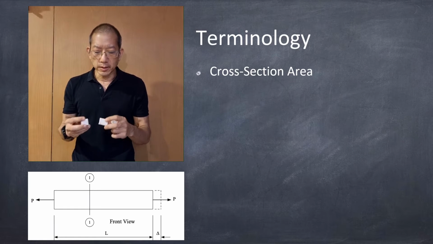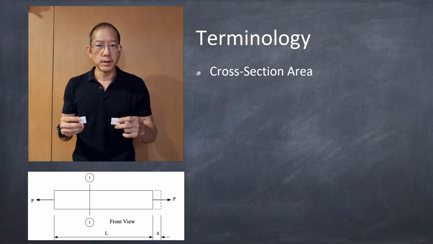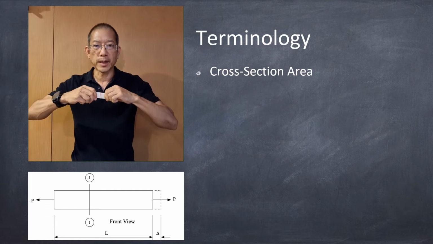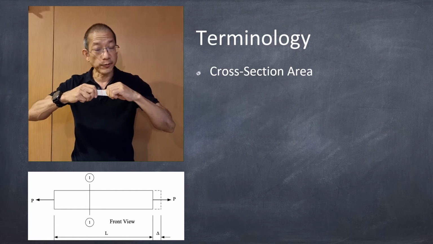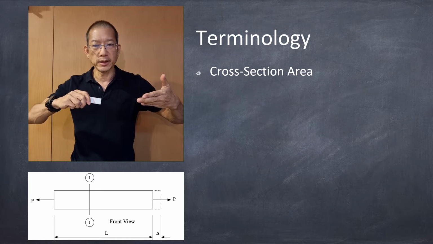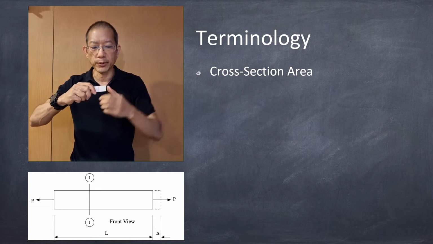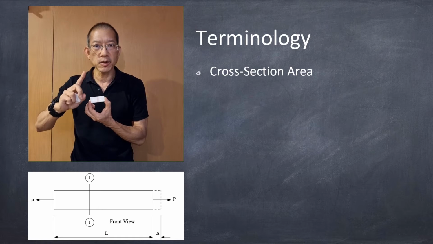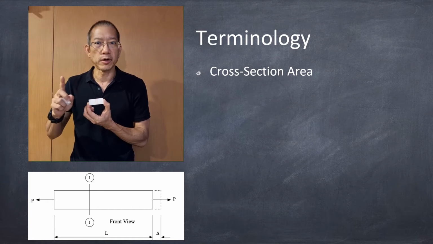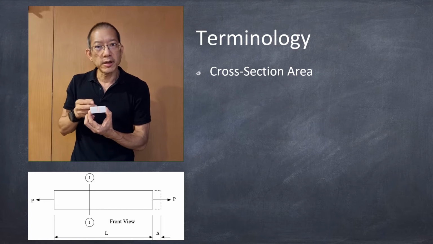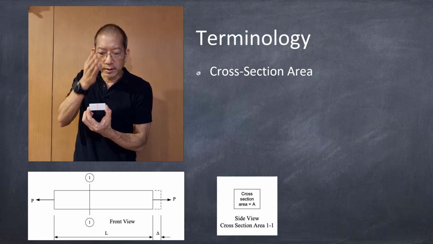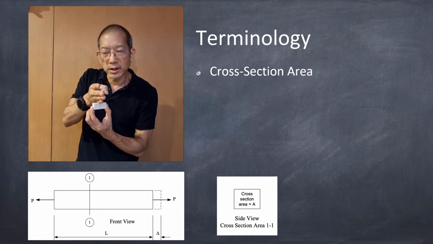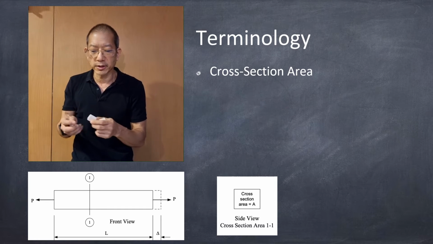Now, if we talk about a structure, a member, that we pull apart, this is axial force, in the line of the alignment of the member, we either pull it or press it. This area you see right here is not the cross-section area we're going to refer to. For the cross-section area, imagine there's a line here, you cut through the line and you turn it sideways to see the cross-sectional area.